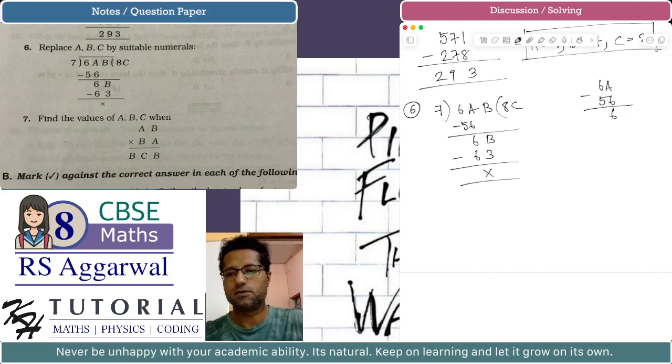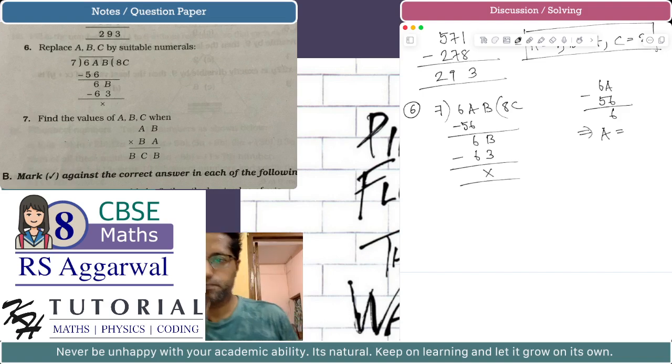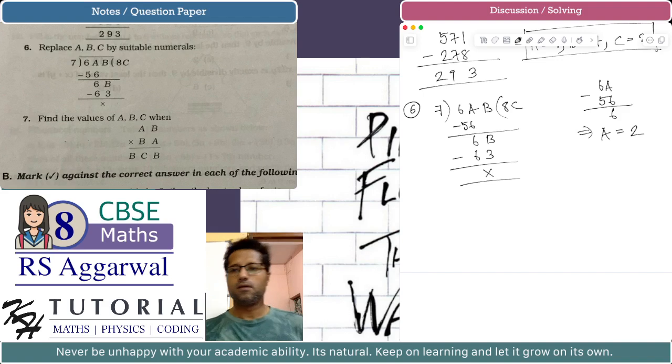So this implies A has to be equal to 2. Then we will have 2 minus 6.